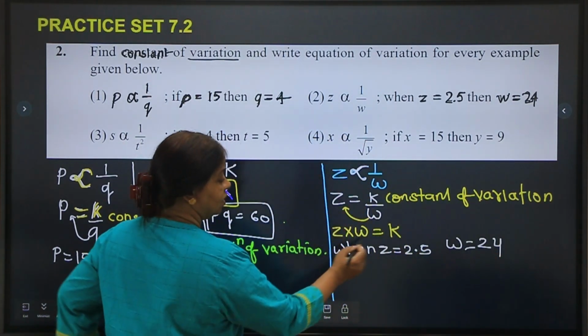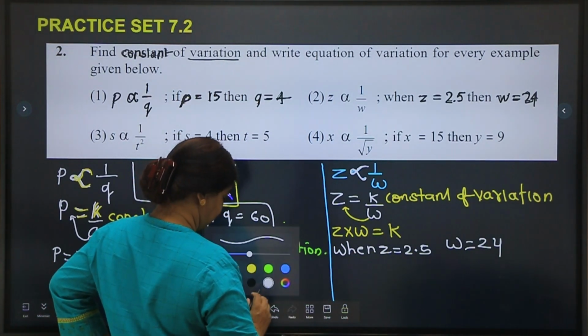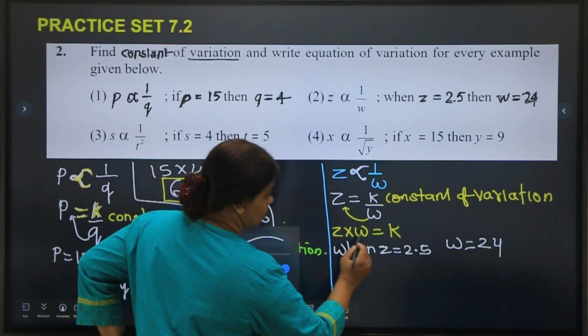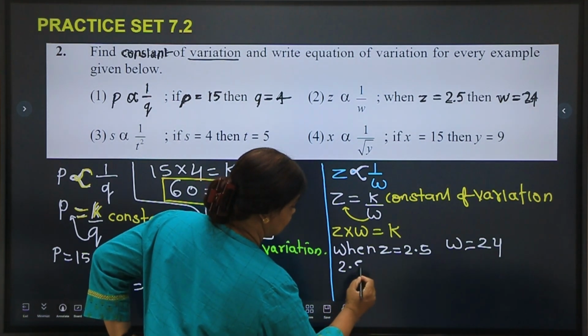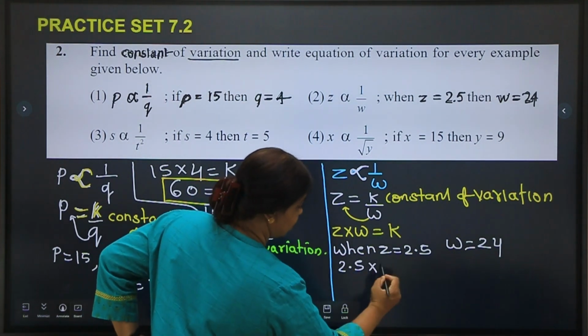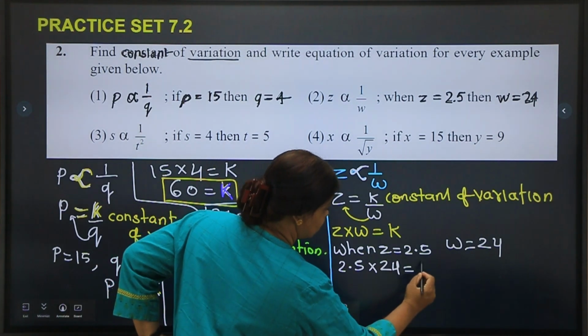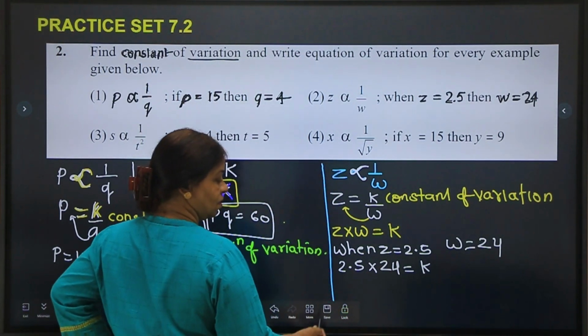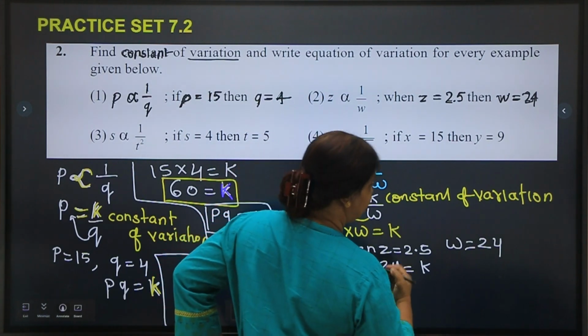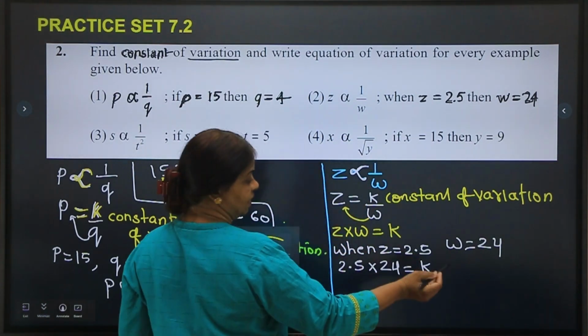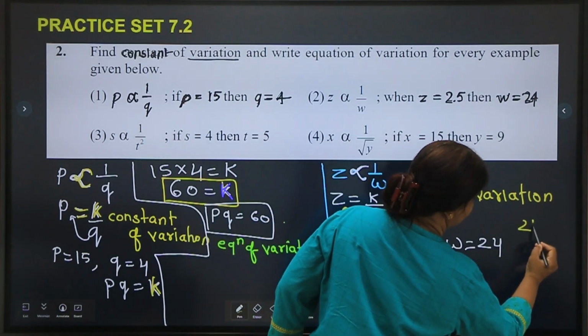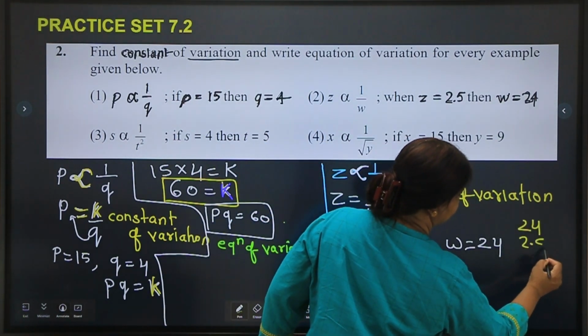So, place the value in this equation. Z is 2.5 into W is 24, which is equal to K. Multiply 2.5 and 24. Let us multiply here, 24 multiplied by 2.5.